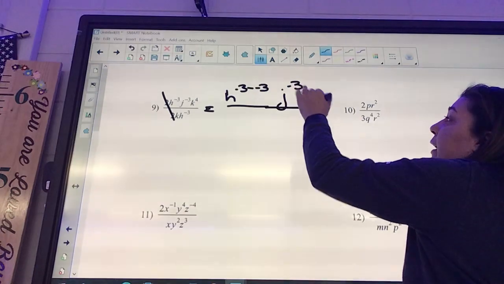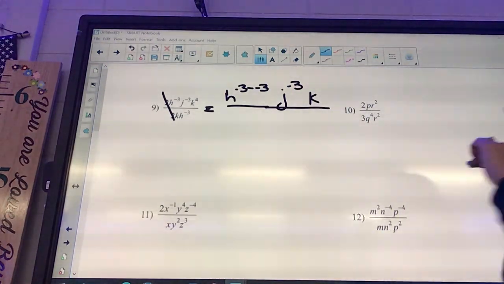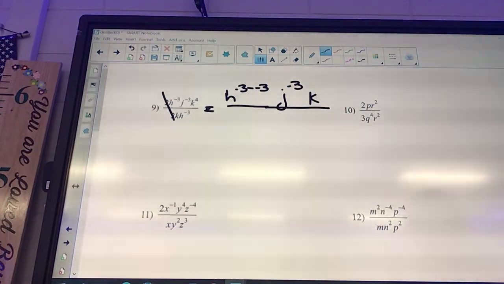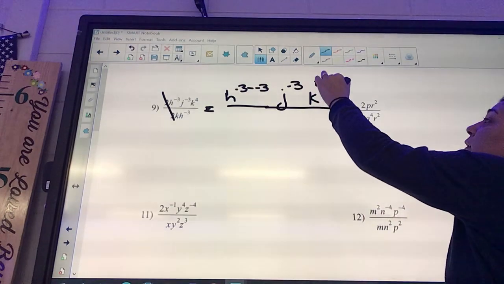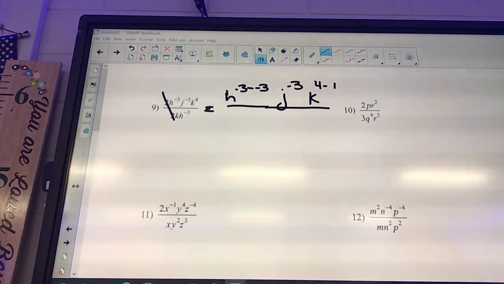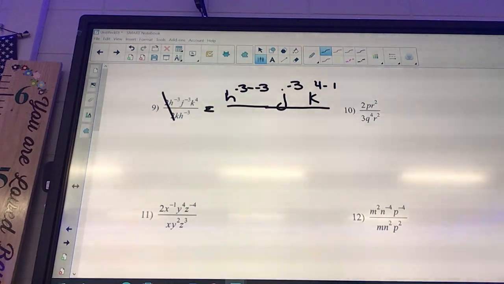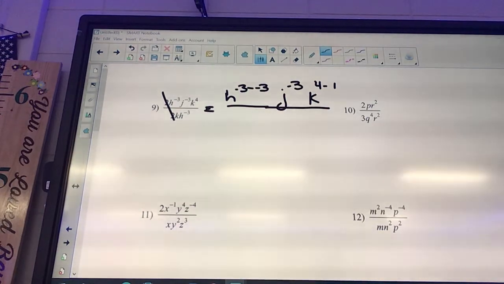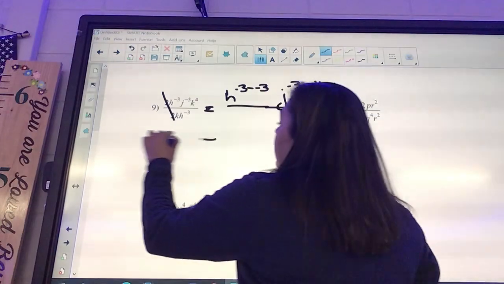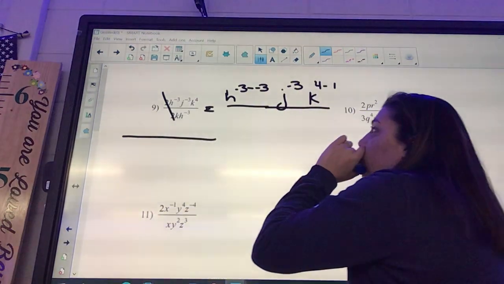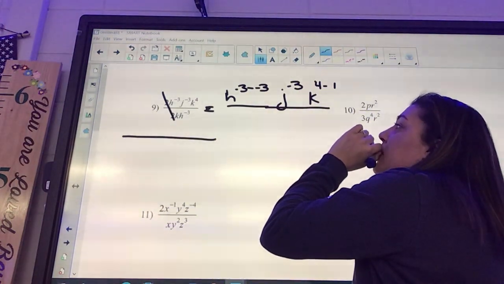And then we got k to the 4 minus 1. Okay, what is negative 3 minus negative 3? 0.